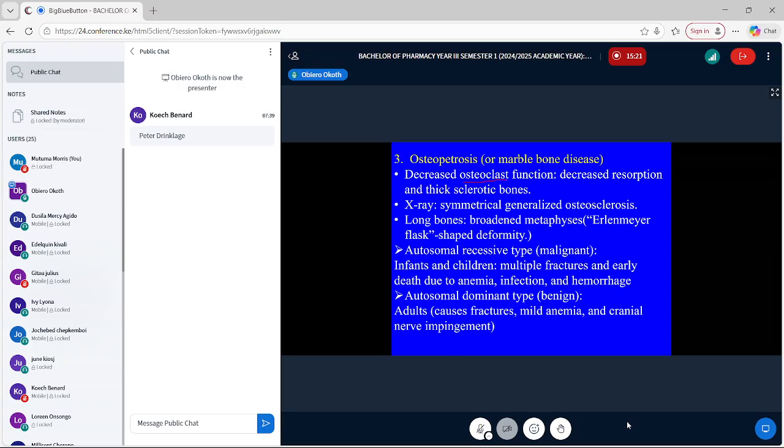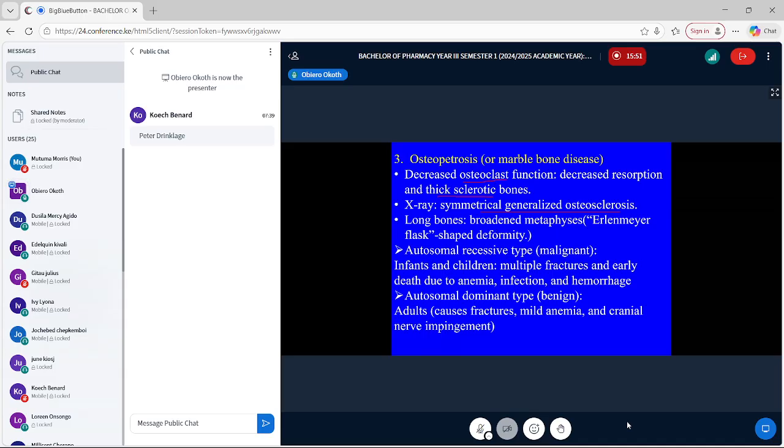So here the problem is there's more bone being formed than bone being modeled. So everywhere is just bone. Even in areas where the bone is not supposed to be very thick, the bone is thick. Because of decreased osteoclastic function, you have decreased resorption and you end up with thick sclerotic bone. You have a generalized osteosclerosis.